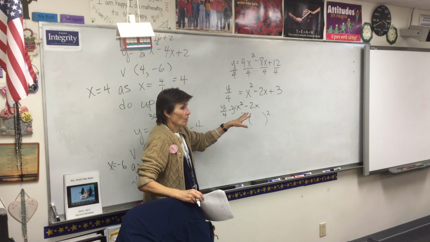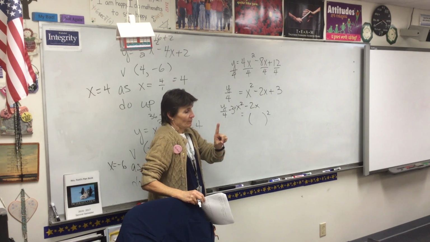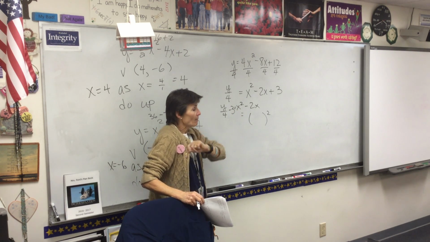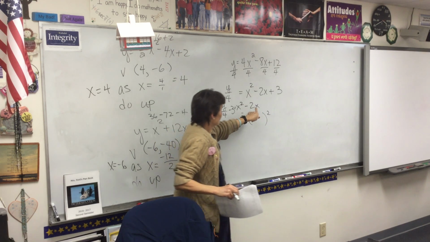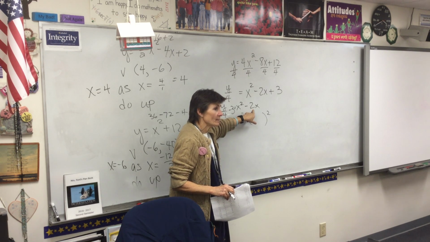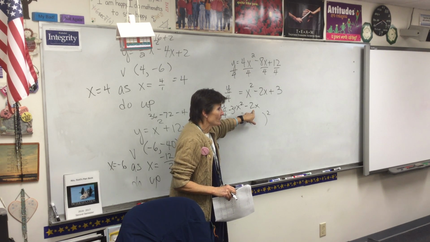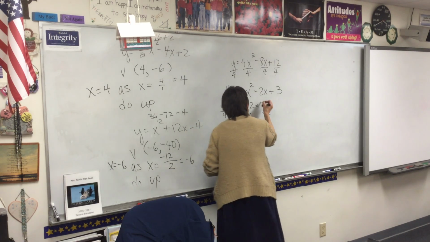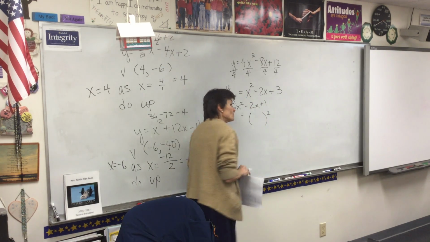And now I'm going to add the right number. And how am I going to figure out the right number? Divide this by 2 and square it. So half of 2 is 1, squared is 1. So I'm going to add a 1 to both sides.